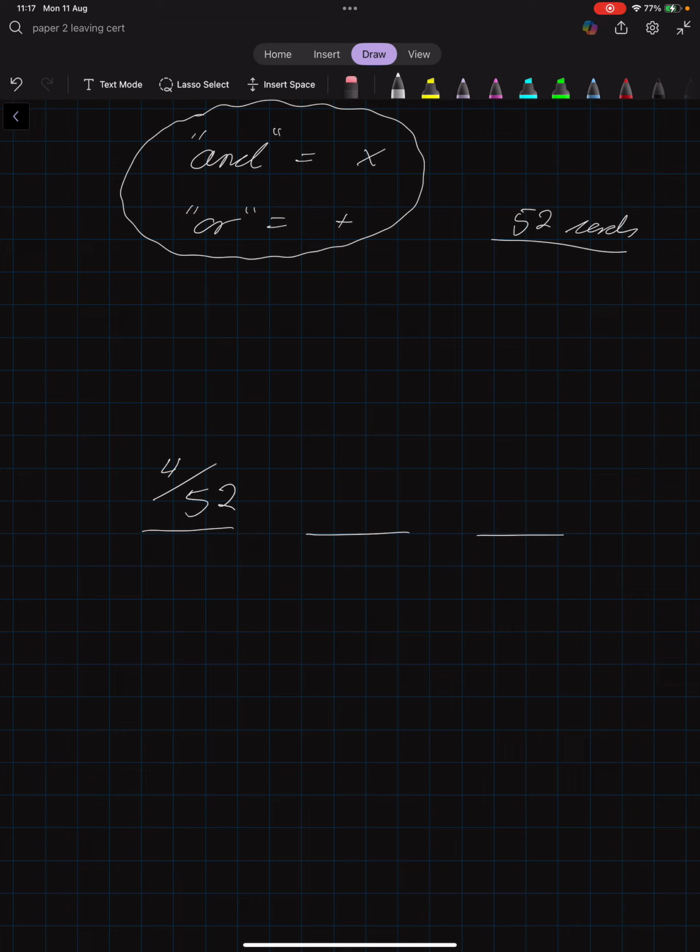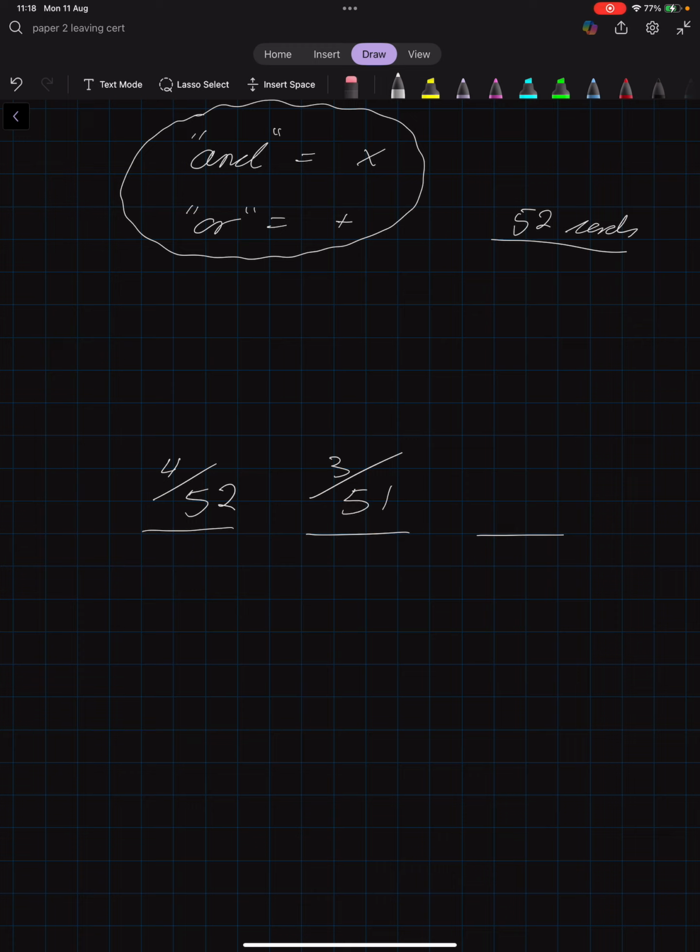Great. Now, let's say you picked a card, that's fine. Now you're picking another one. What's the chance that the next one is a king, given that the first one was a king? You picked the king, so 1 king is gone. So there's only 3 kings left. But again, 1 card is gone, so there's only 51 cards left.